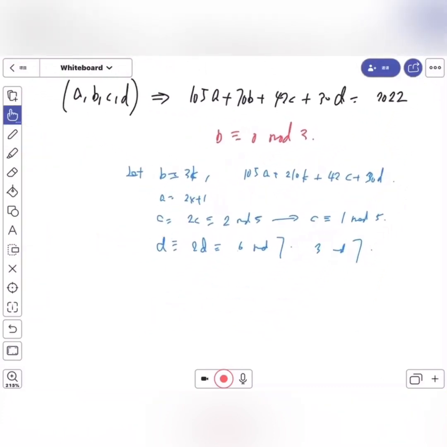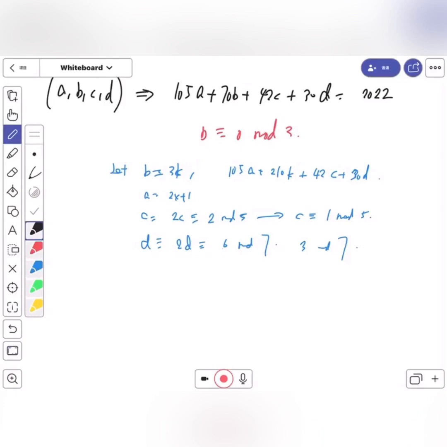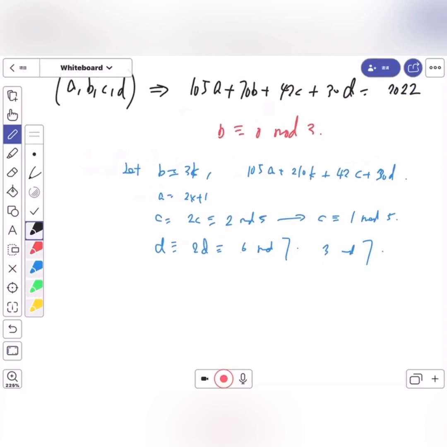So now let's just do all the substitutions. This entire expression just simplifies to 105 times (2x plus 1) plus 70 times 3k plus 42 times (5c plus 1), or actually also possibly (5c plus 3).